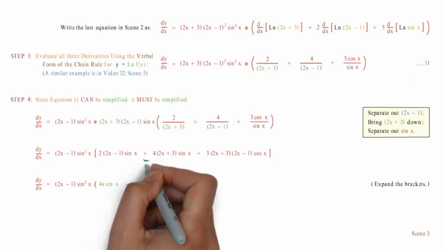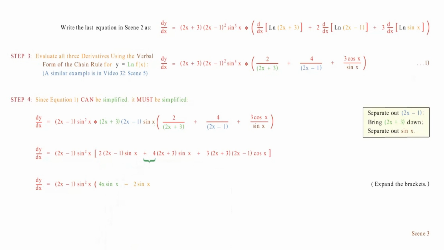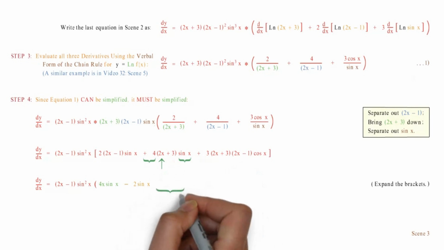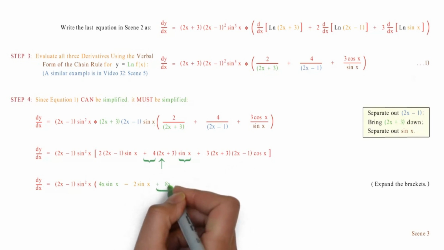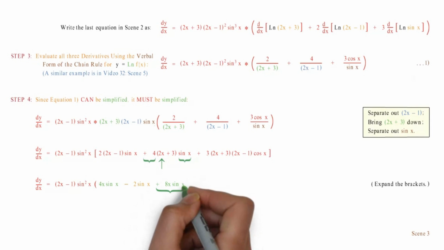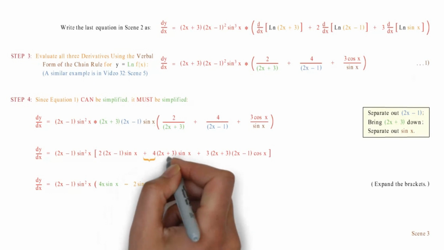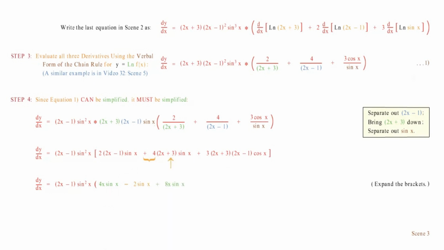Plus 4 times 2x is plus 8x, times sine of x is plus 8x sine of x. Plus 4 times plus 3 is plus 12, times sine of x is plus 12 sine of x.